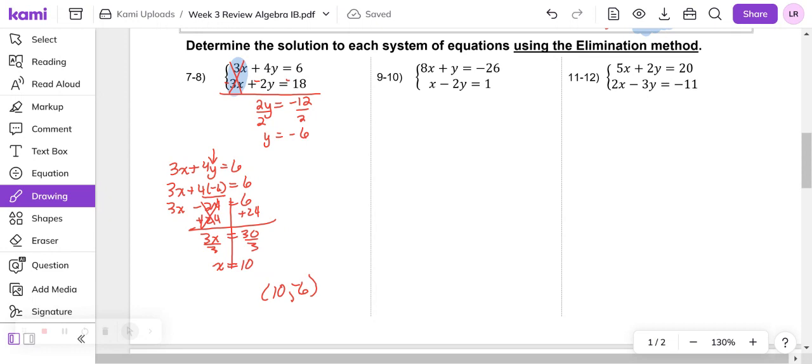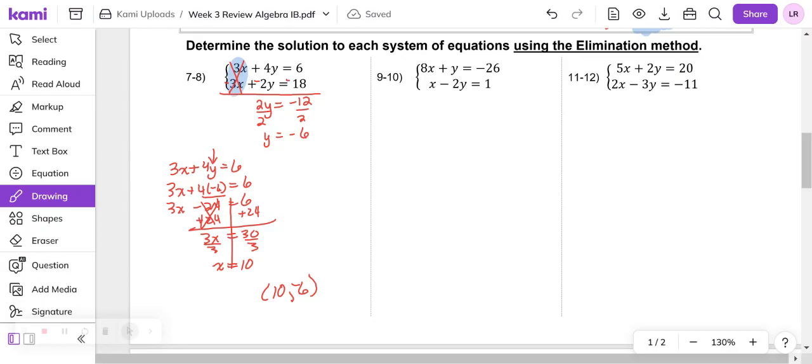Now, in number 9, 10, if I look at my x's and my y's, unfortunately I do not have opposites. So we want to be creative in figuring out a way to either make our x's the same or opposites, or our y's the same or opposites.